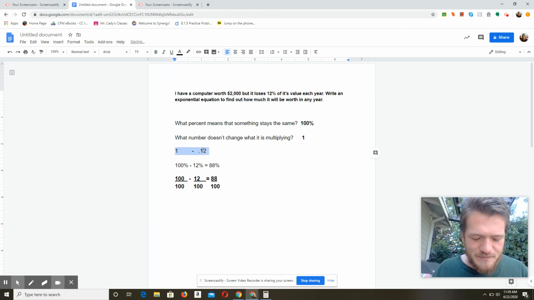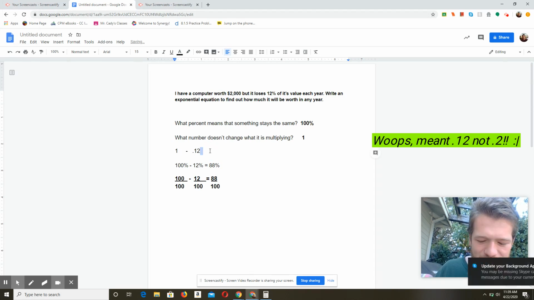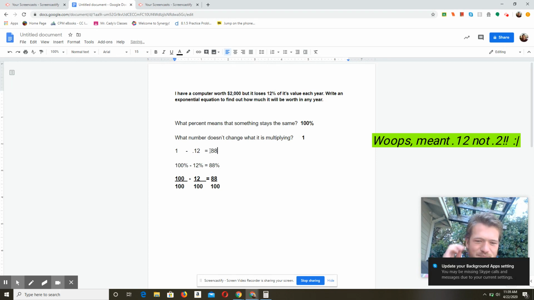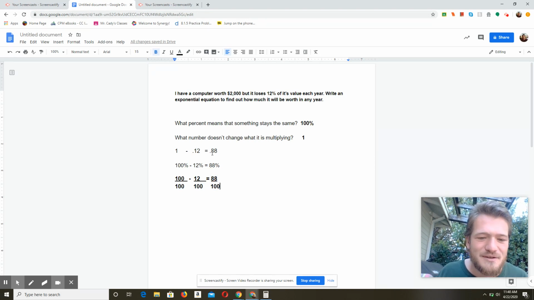It's easier to see. All right? So we have 1 minus 0.12, and that equals 0.88. 88 over 100 also equals 0.88. So that's the multiplier.